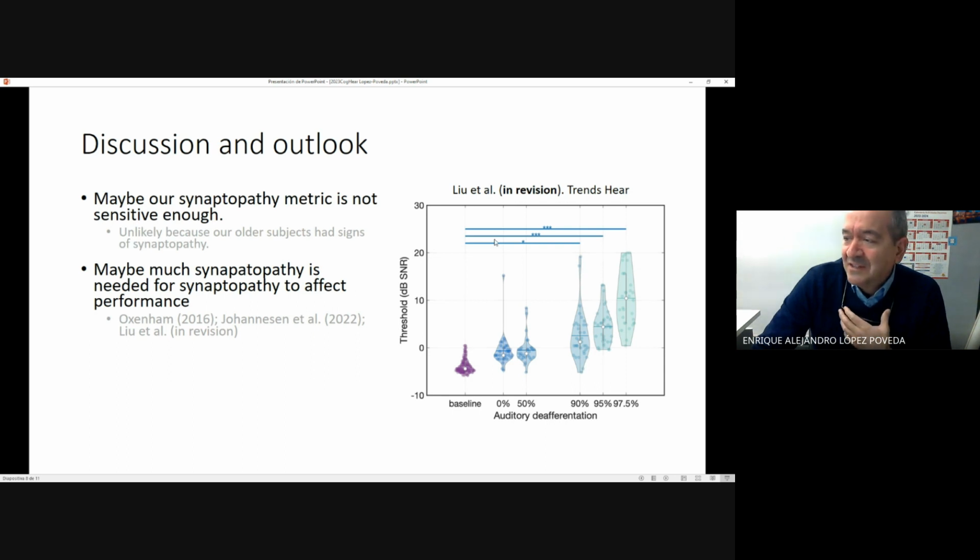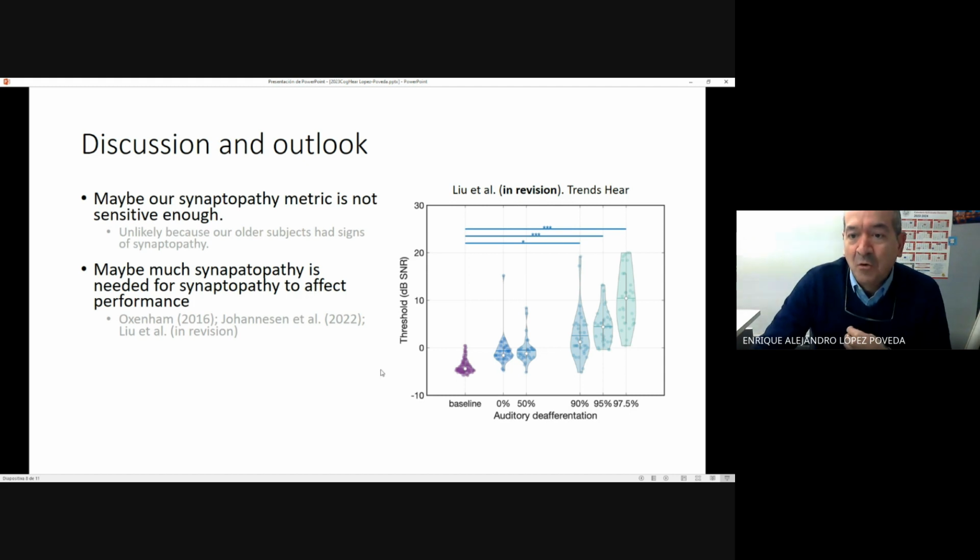And this figure here is data from our study, which is now in revision. We were simulating how much synaptopathy is necessary for it to have any impact on speech in noise intelligibility. This is based on a computational model. And we only see significant changes in speech reception thresholds when we lose 90% or 95% of the fibers, yeah?